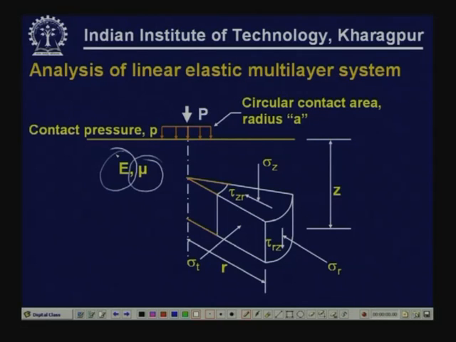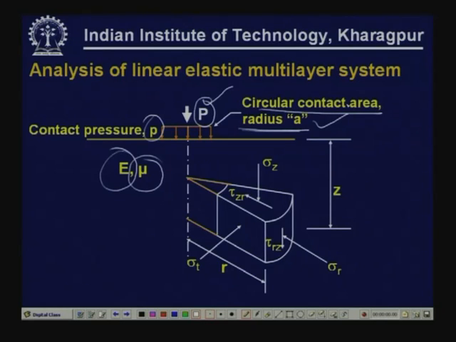In a single layer system the pavement would be subjected to a normal surface load P distributed over a circular contact area with a radius of a, and the corresponding contact pressure can be calculated from the applied load and the contact area.